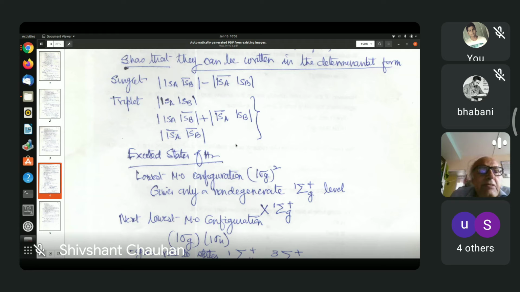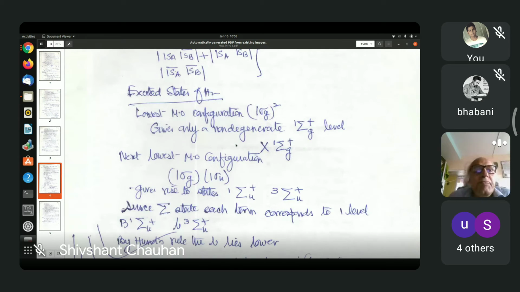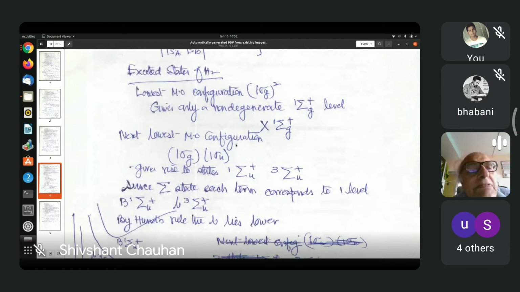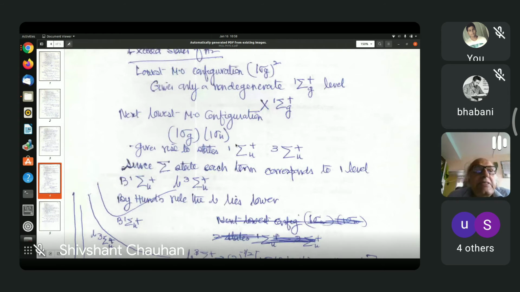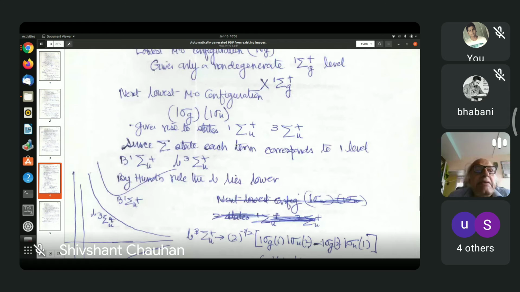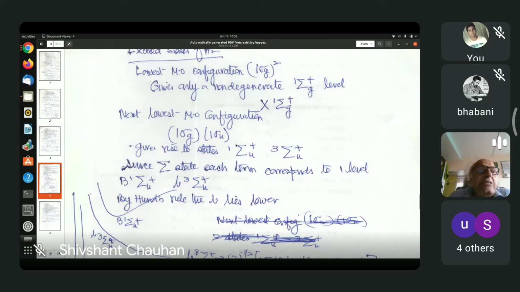You see the lowest molecular orbital configuration is 1 sigma G2, and this gives only a non-degenerate singlet sigma G plus level, which is called X singlet sigma G plus. The ground state level is always called X, capital X. Next lowest is the molecular configuration 1 sigma G, 1 sigma U, but this does not give rise to a sigma G state.